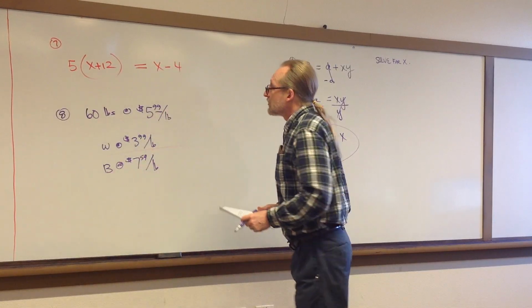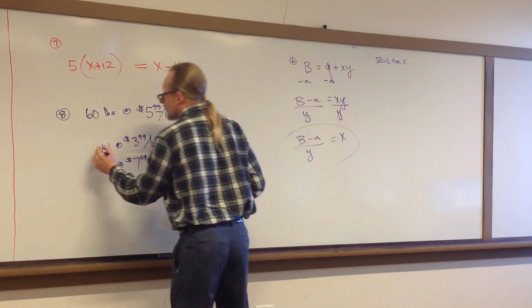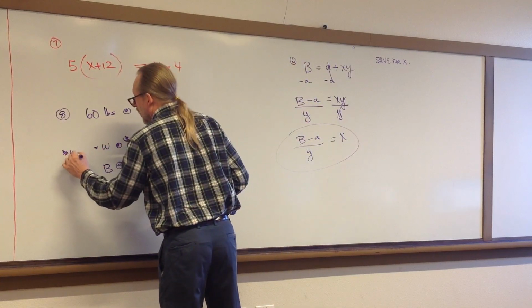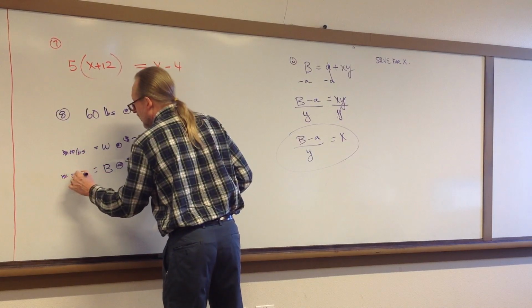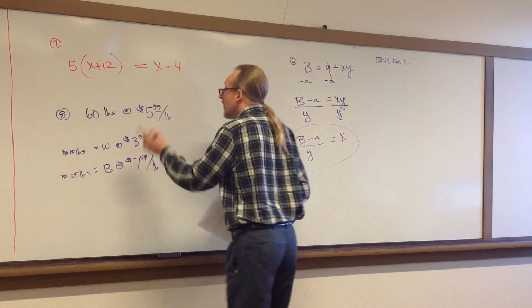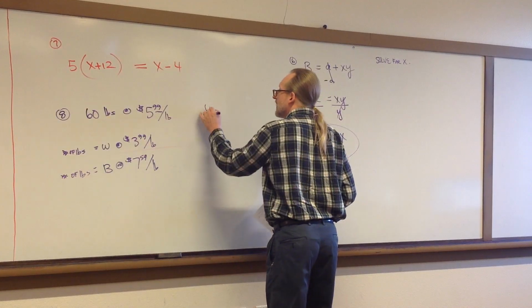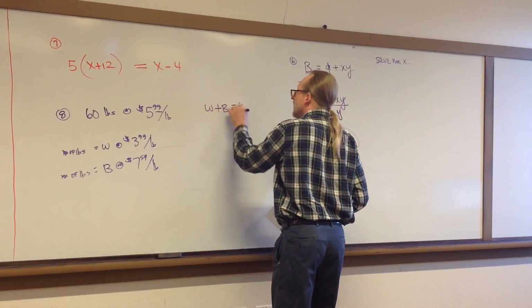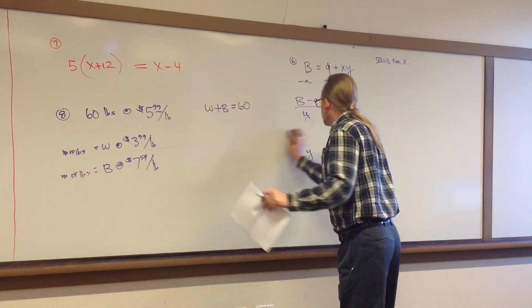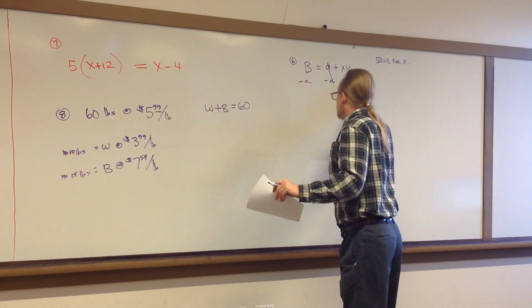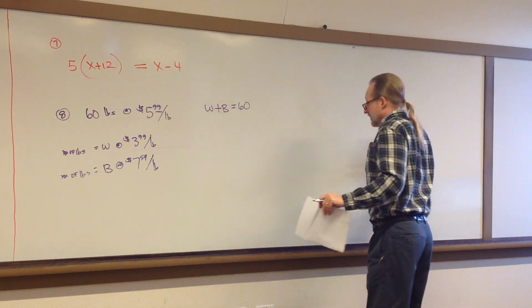Okay. So, if W is the number of pounds of walnuts, and B is the number of pounds of Brazil nuts, one thing we know in this situation, W plus B has to add up to 60, right? We want a total of 60 pounds in this mixture that's going to have these 2 different kinds of nuts in it.